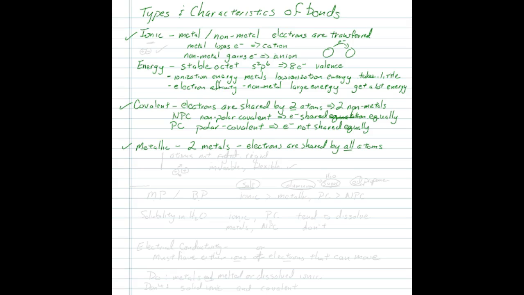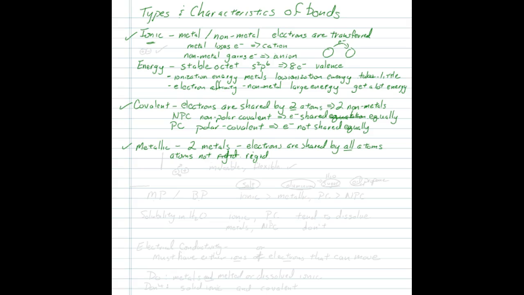In that case, the atoms are not rigid. Up here with the ionic compound, they're joined because there's a positive and negative charge between them.